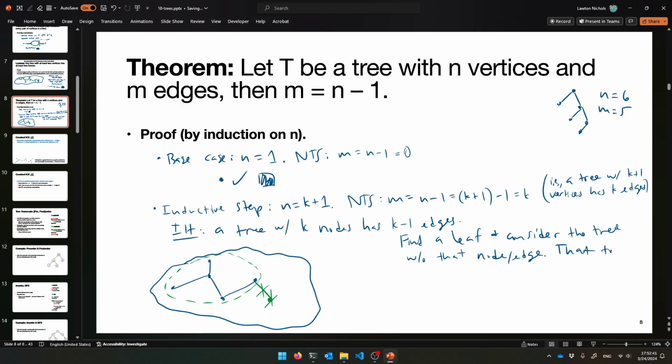It has exactly k nodes, doesn't it? Now I can use my inductive hypothesis. I get to assume that any tree with k nodes has k minus 1 edges. So that smaller tree has exactly k minus 1 edges by my inductive hypothesis. I get to assume that.